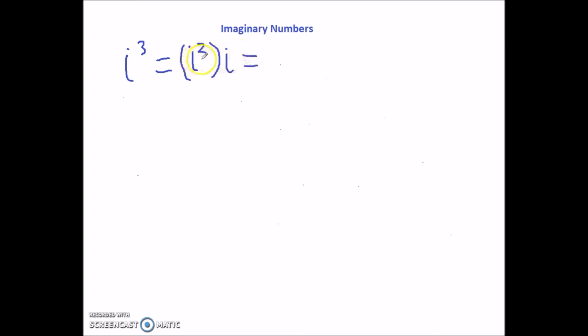So basically, i squared is -1. So let's just put -1 in place of i squared. Anything multiplied by -1, you just change its sign. So there we go.